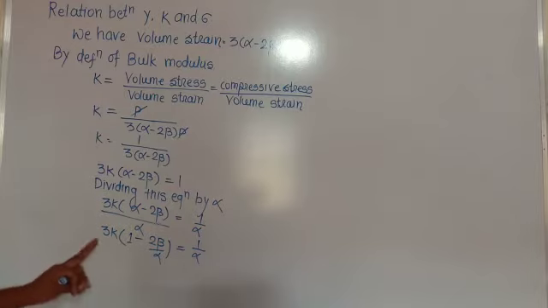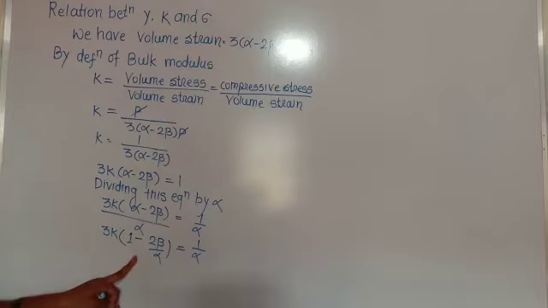We know that using the Poisson's ratio we derived two equations.